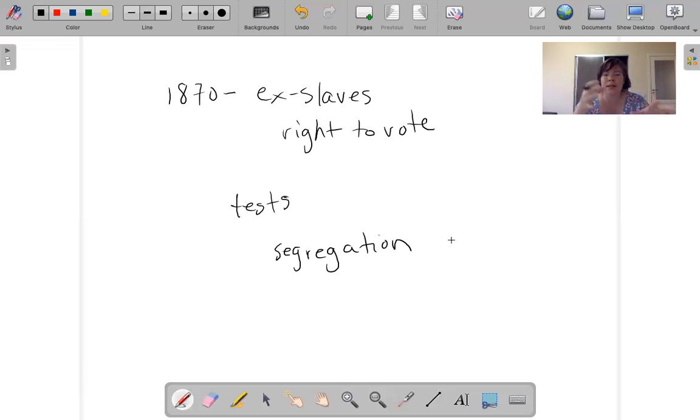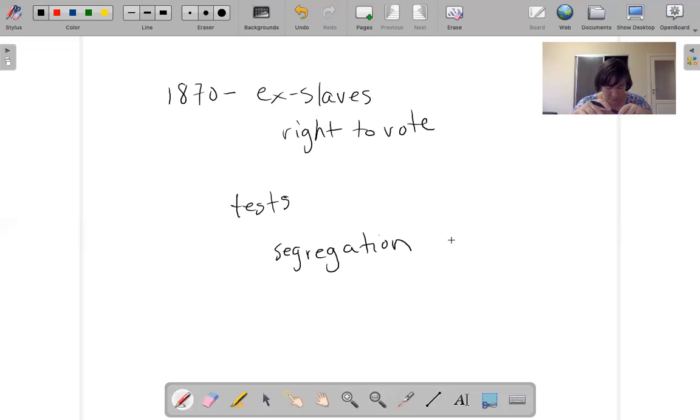Some restaurants that served food, they would serve Black people, but only out of the back door and to go. They couldn't go in and actually eat in the restaurant. That was for white people. And it was bad. Public restrooms were for white people only.